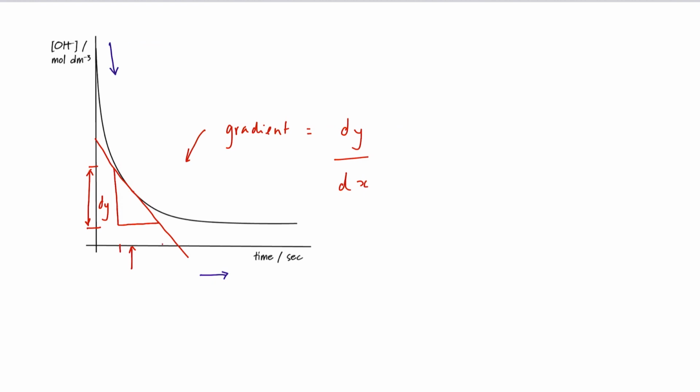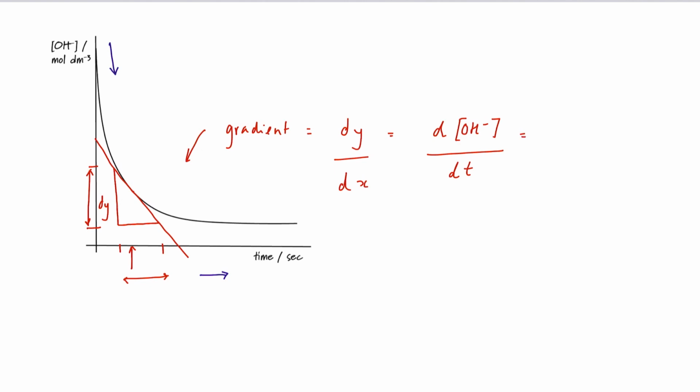So if I mark that, it would be that value there. So essentially what we're saying, it is the change in the concentration of the hydroxide ions over a specific time interval.